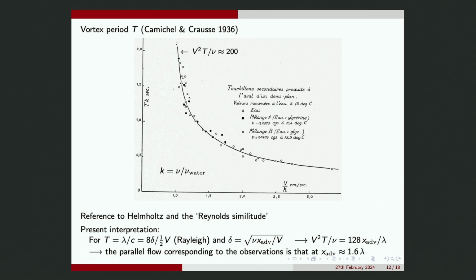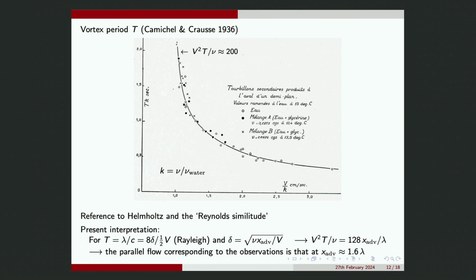And in here we have the period of the wave multiplied by K, so that all the points for the different viscosities fall on the same curve.